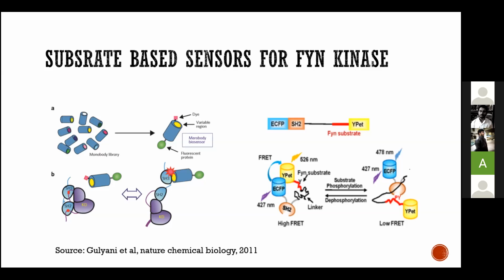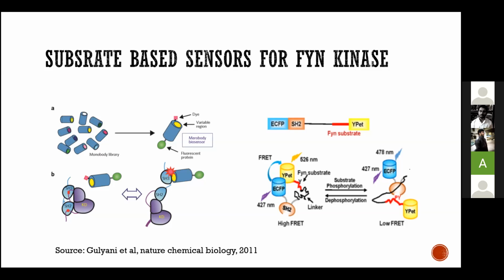These monobody biosensors were tagged with a dye. To visualize anything, when you do visualization or radioactive studies, basically what you do is tag radioactive labels or dyes to the molecule or compound you want to see.